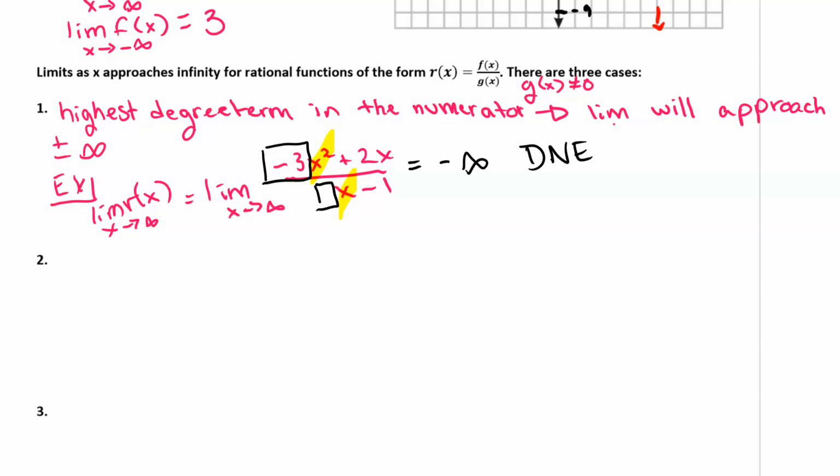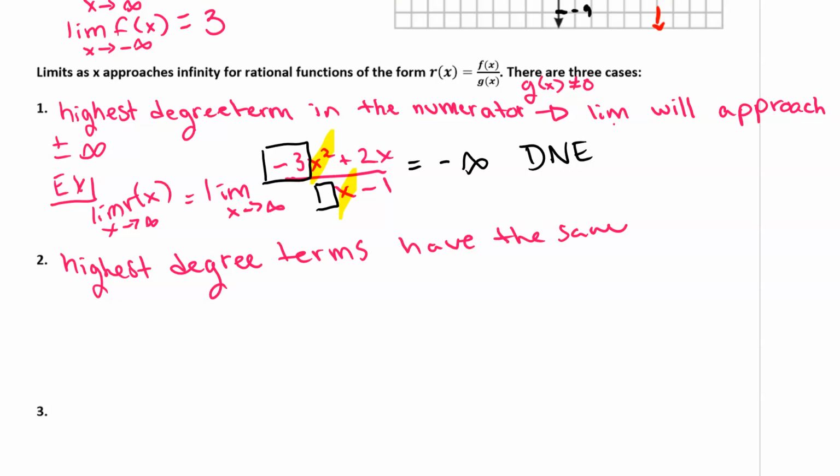So what about if the highest degree terms have the same exponent in the numerator and denominator?